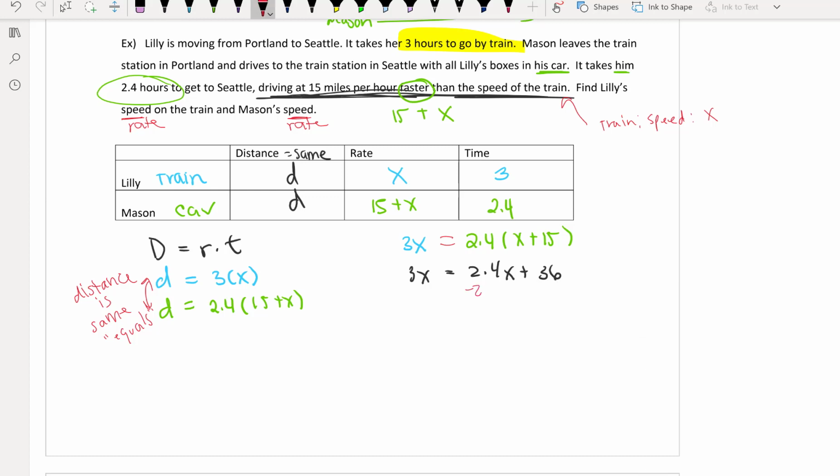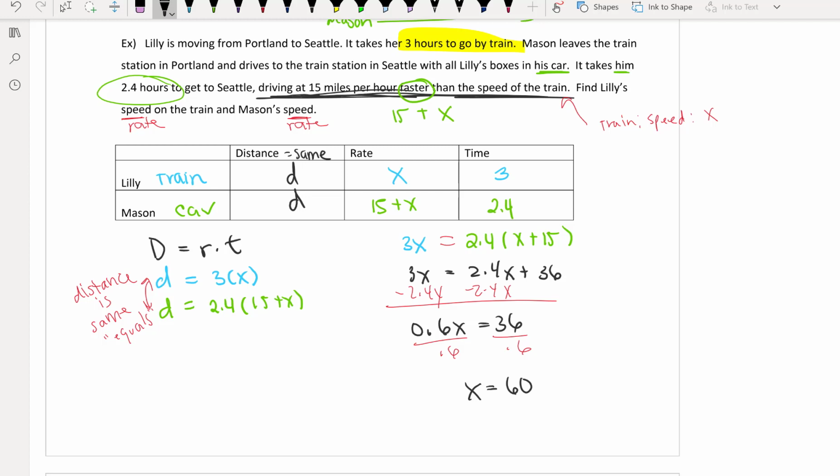So I'm going to subtract 2.4x from both sides. So I have 3 minus my 2.4x, and that is going to give me 0.6x is equal to 36. Now you can think of division, so divide by 0.6 on both sides. So you can have 36 divided by 0.6, and that gives you 60.